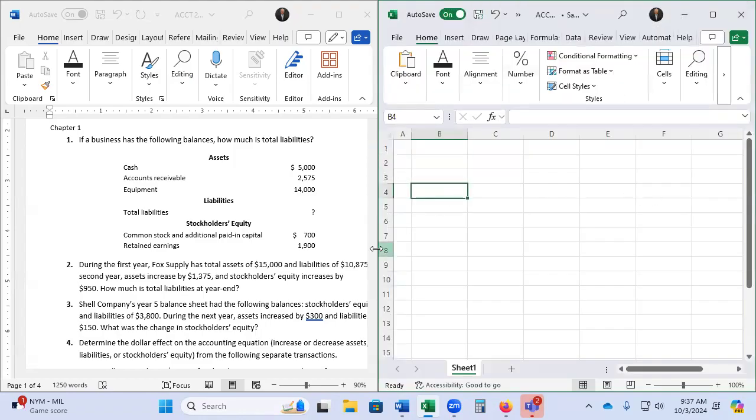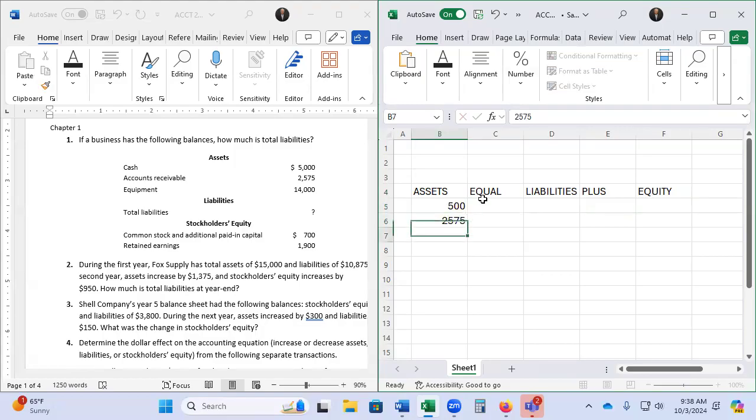Okay, so if we're looking at number one, it has the following balances. And what it wants to know is how much are the liabilities. So we have to say assets equal liabilities plus equity. So here we have our assets, 5,000, 25, 75. I know I missed a zero there, sorry. And 14,000.